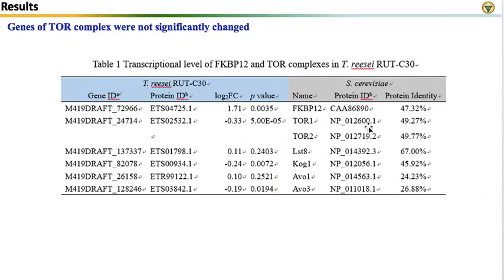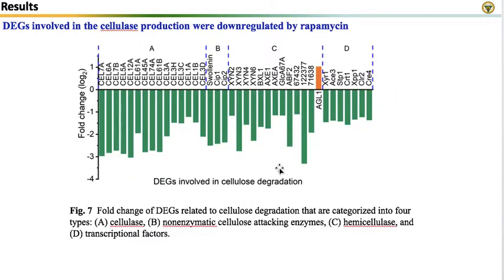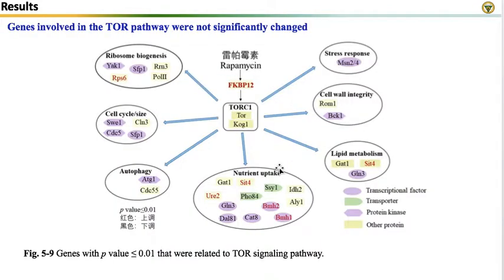We can see that the TOR only was slightly downregulated, and the other parts of the TOR complex were not changed at mRNA level. Also, we found a series of genes involved in the TOR signaling pathway, but all of them were not significantly changed.